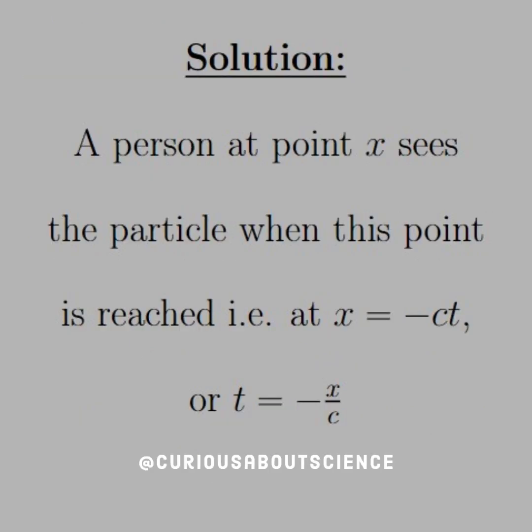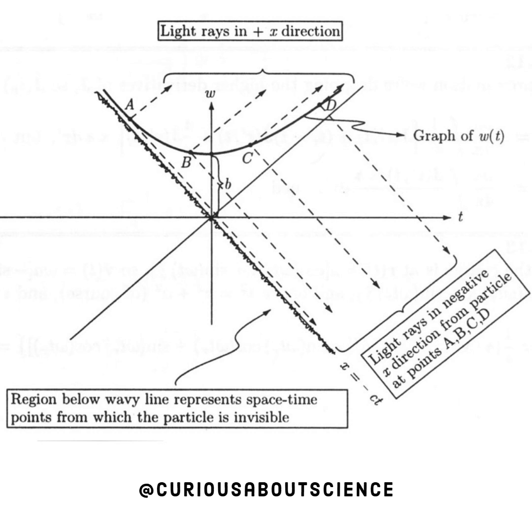So, the solution starts with: a person at point x sees the particle when this point is reached, i.e. at x equals negative ct, or t equals negative x over c. So let's draw it out. Let's see what we're dealing with. Okay.